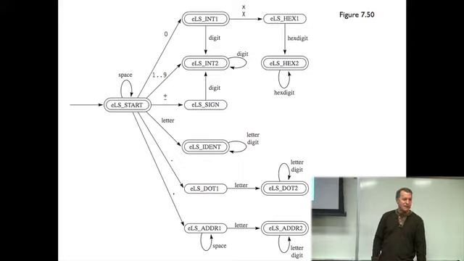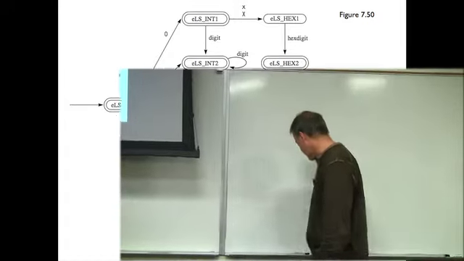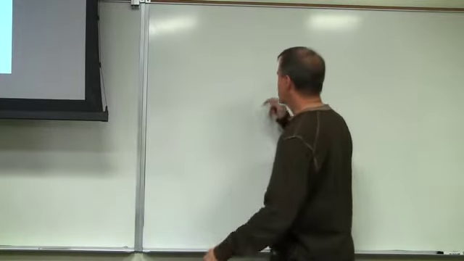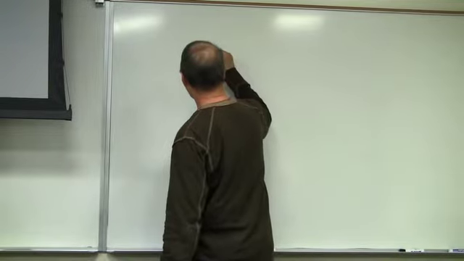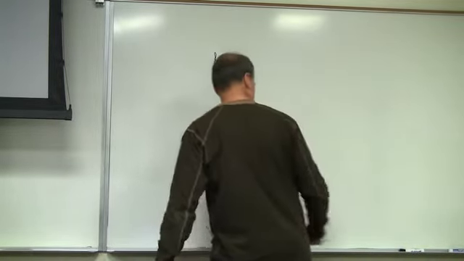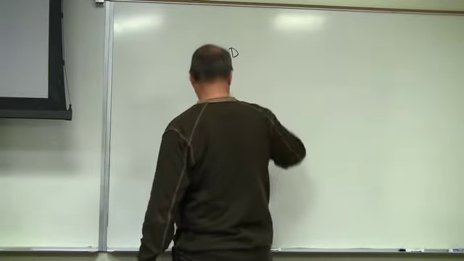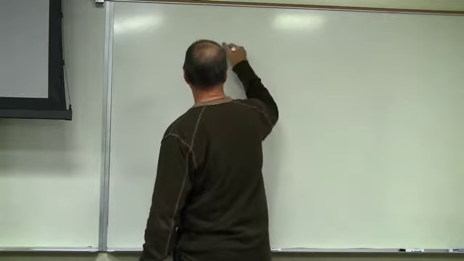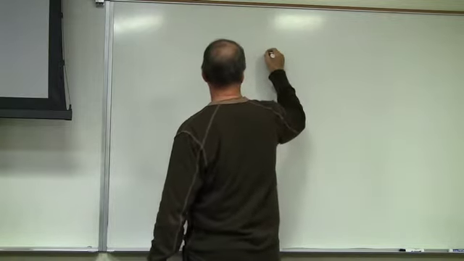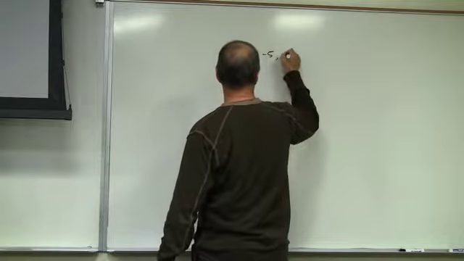The decimal values are different because you can have signed constants in assembly language. You can have signed decimal constants. For example, if you say load accumulator -5 immediate.